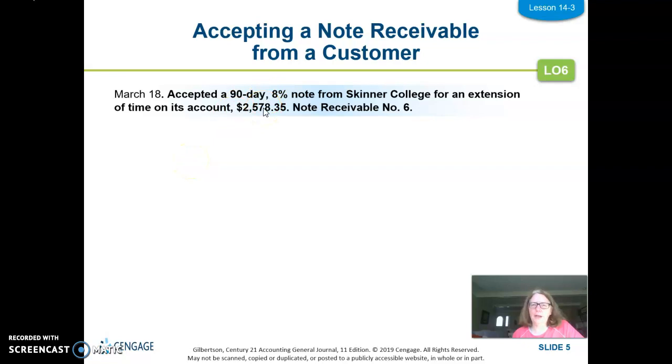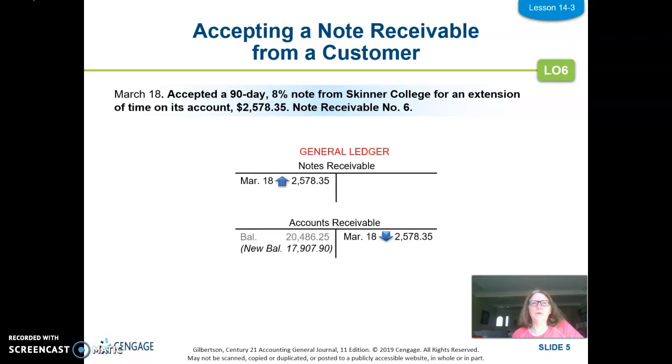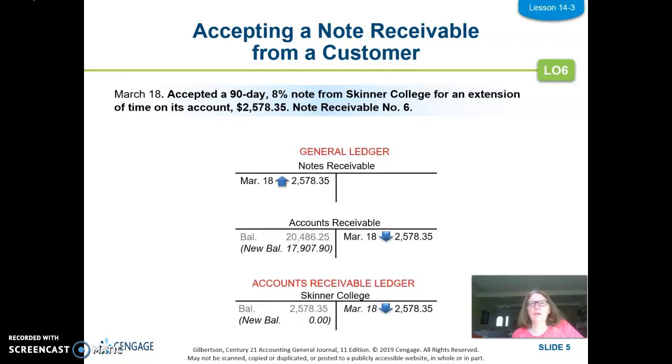We need to get rid of that accounts receivable because we're no longer going to collect that. And instead, we need to debit a note receivable because it now is related to a promissory note. So on March the 18th, I debit notes receivable and I credit accounts receivable.